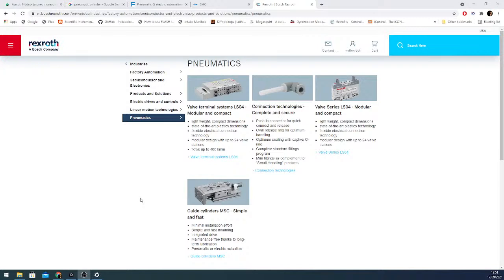For example, some manufacturers exist in Italy. I know there are some French providers. Basically, I think all over the world you can find different companies that produce those parts for pneumatics and hydraulics.